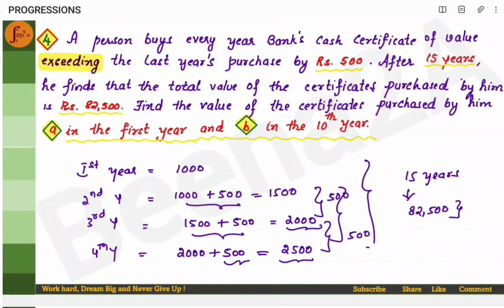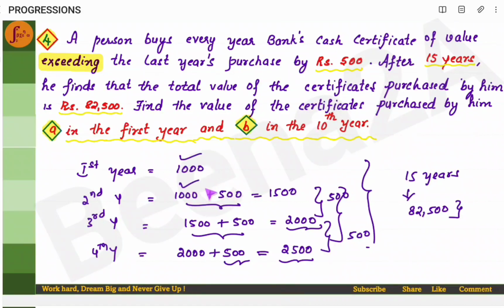Now what we have to do is find the value of the certificates purchased by him in the first year. So we should first know in the first year how much he bought the certificate for.